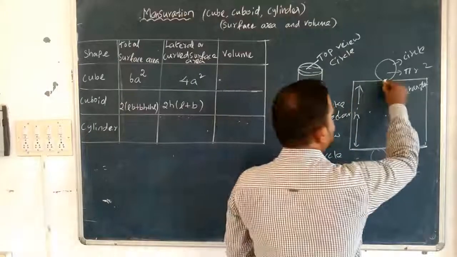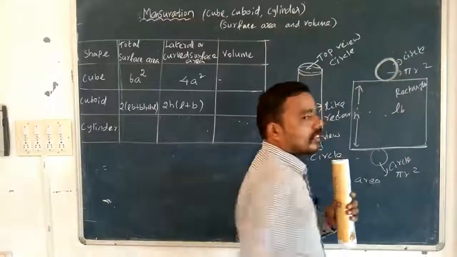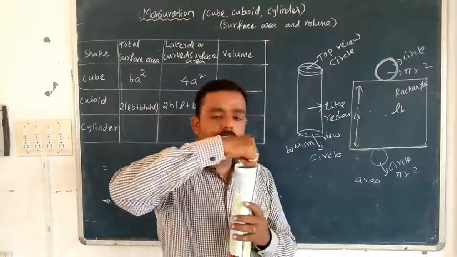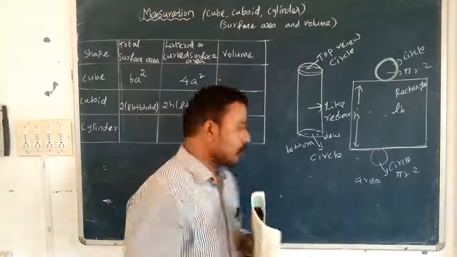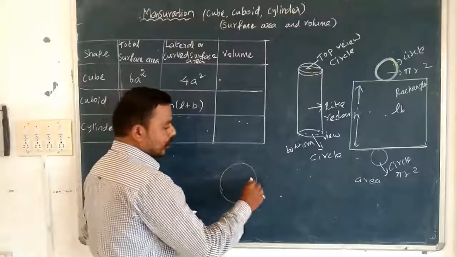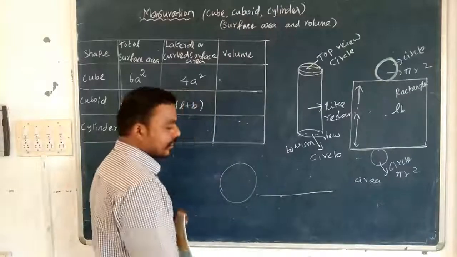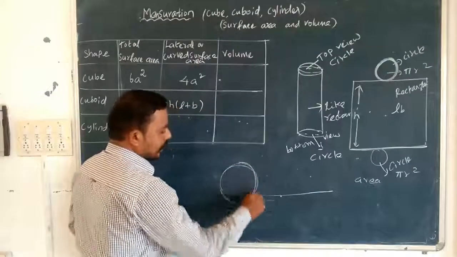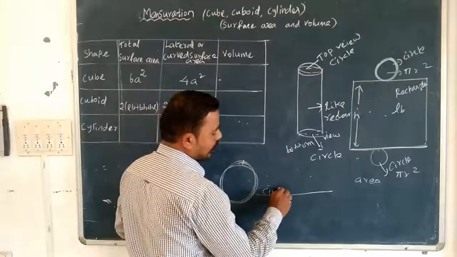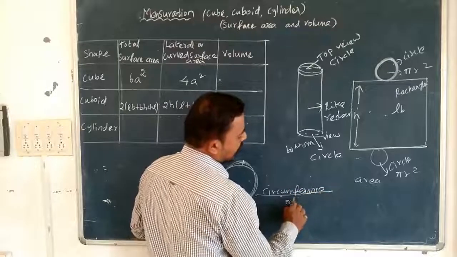Now what is the length of this? The length is nothing but the shape of this circle. I just cut the circle at one point and remove it, so we can draw the length. This length is nothing but the circumference of the circle.